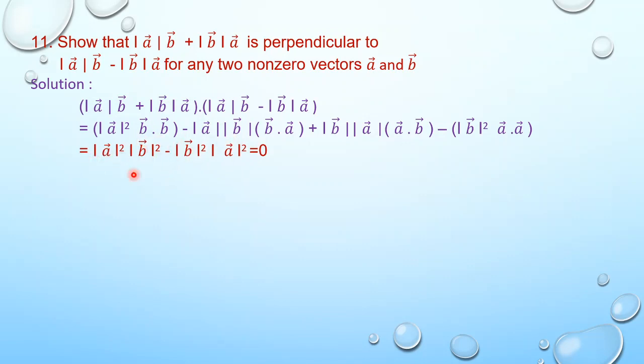One is plus, one is minus. So just cancel these both. So final will be left out there 0. So when you get the dot product of two vectors is equal to 0, then automatically you can conclude that the given two vectors will be perpendicular to each other. That means these both vectors are inclined at 90 degrees.